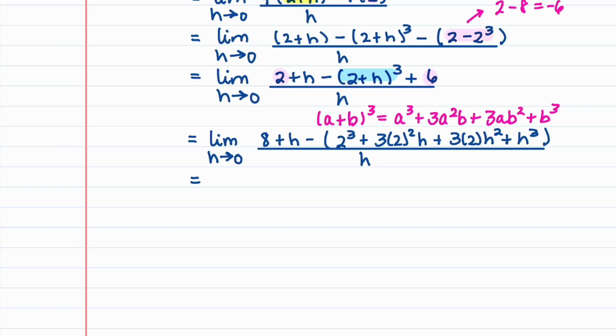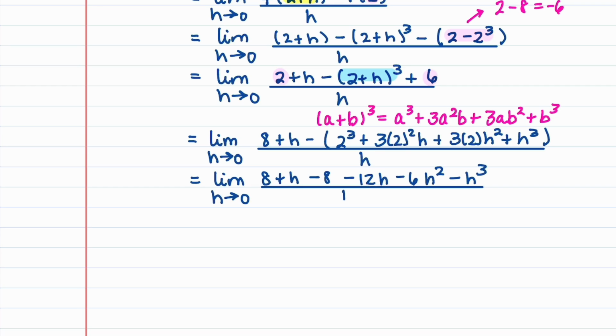Now let's go ahead and simplify. This is the limit as h goes to 0, 8 plus h minus 2 cubed, which is 8, minus 3 times 2 squared, so that's 3 times 4, which is 12. So we have minus 12h, minus 6h squared minus h cubed, all divided by h.